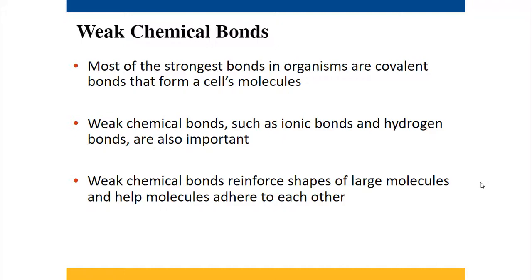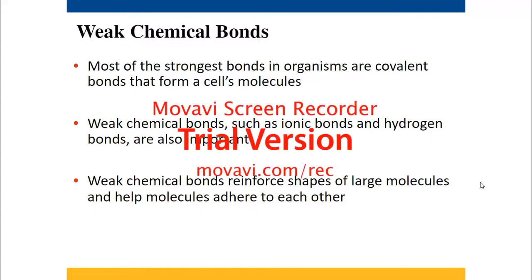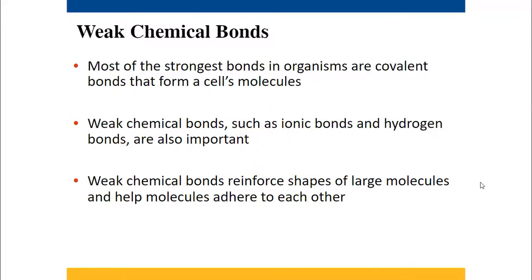It's going to have a negative charge because it gained an electron. And then the sodium is going to have a positive charge because it no longer has an electron. When you get rid of an electron, you become positive. So that positive and negative between the sodium and chlorine is what an ionic bond is. That's considered also a weak chemical bond.